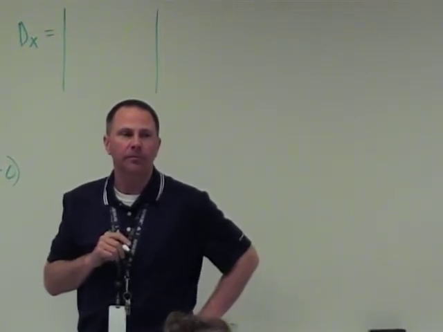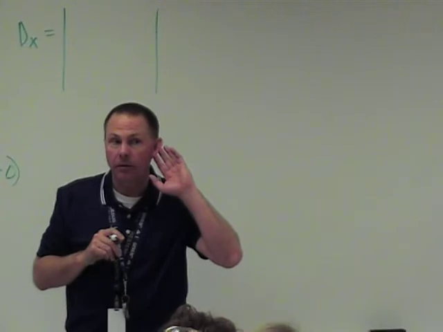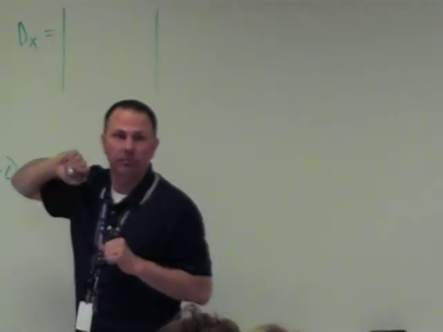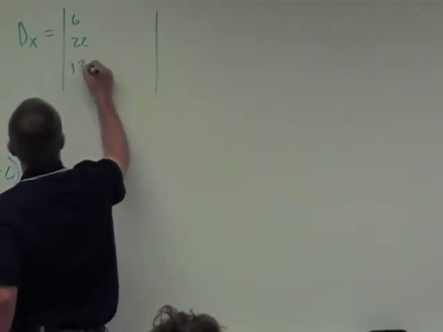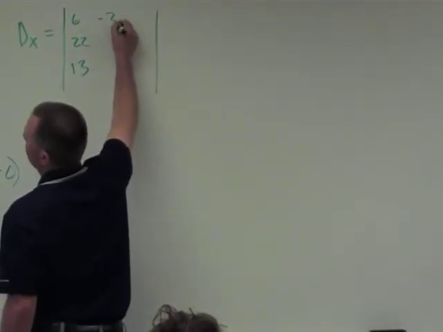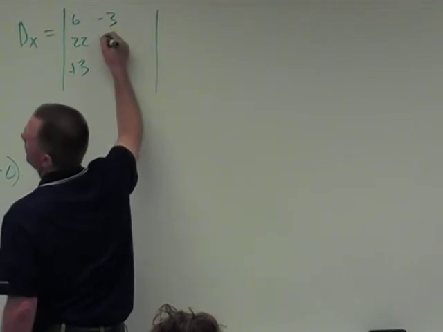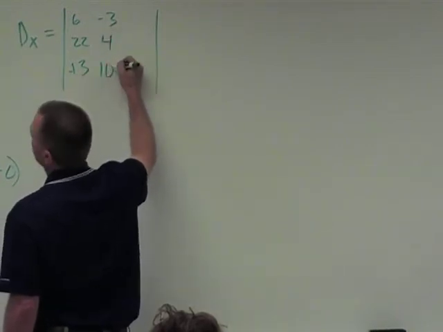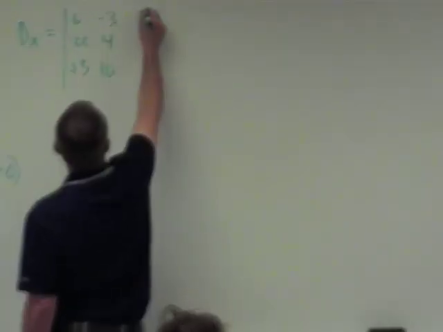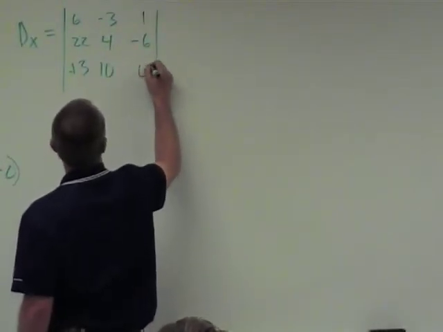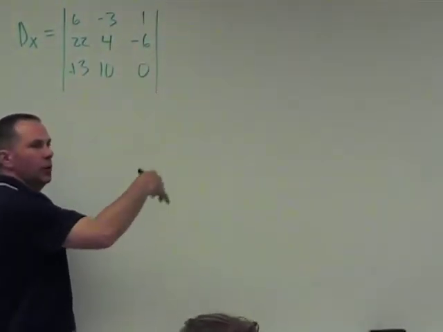The x column. Yeah. Okay, the 5, 0, and 7 I'm going to replace with the answers. Alright, so 6, 22, negative 13. And then everything else stays the same. 1, negative 6, 0.